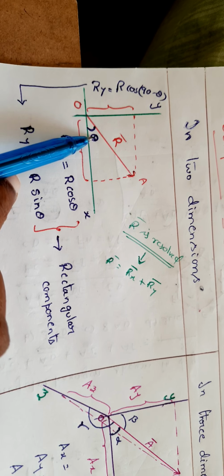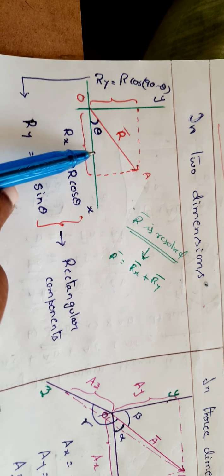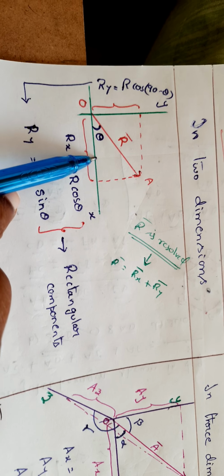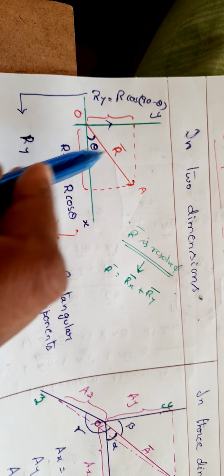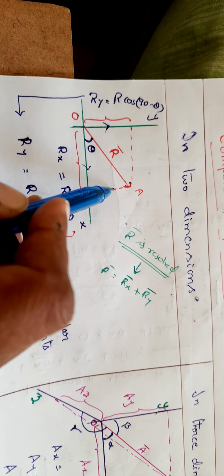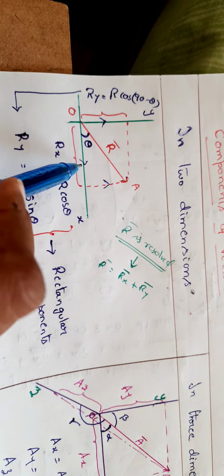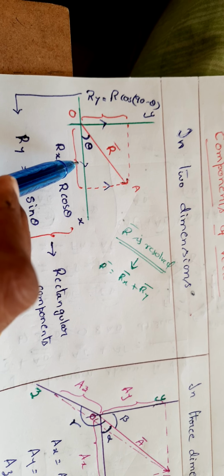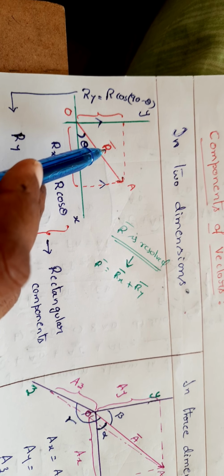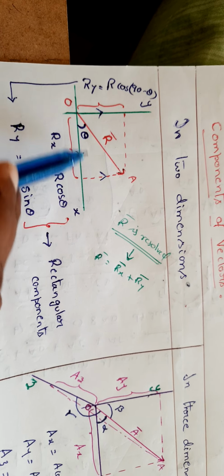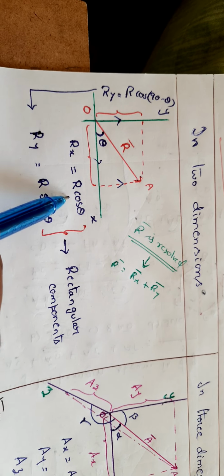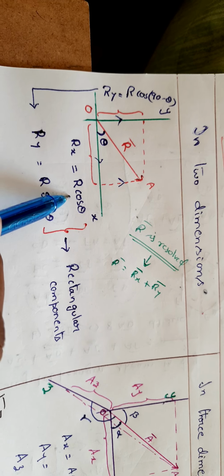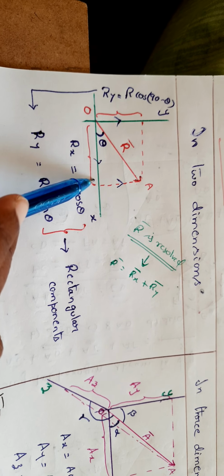And if theta is the angle made by r bar with x-axis, then you know very well that cos theta is equal to adjacent side by hypotenuse. So therefore the horizontal component Rx is equal to r cos theta.